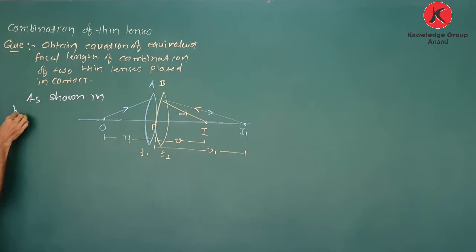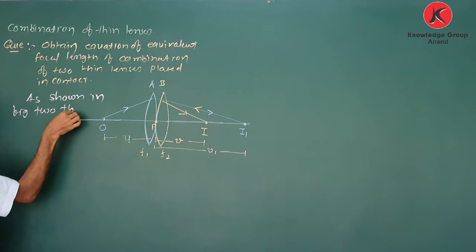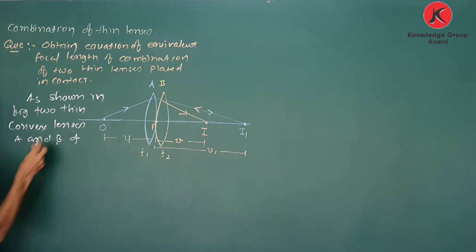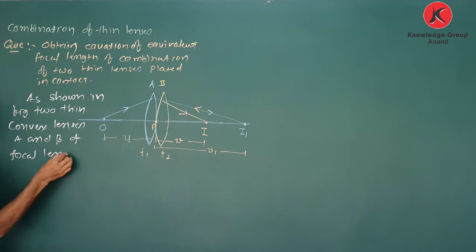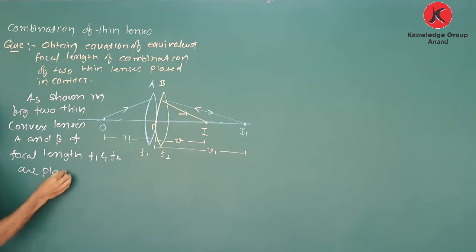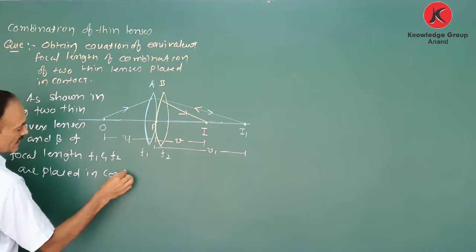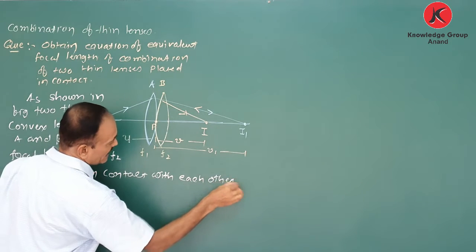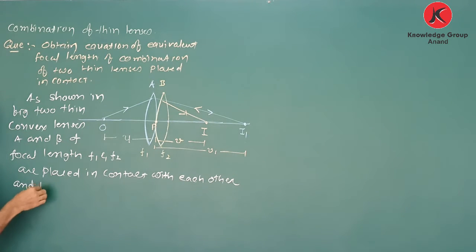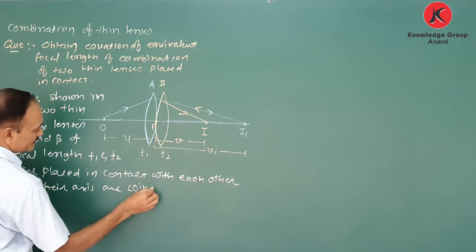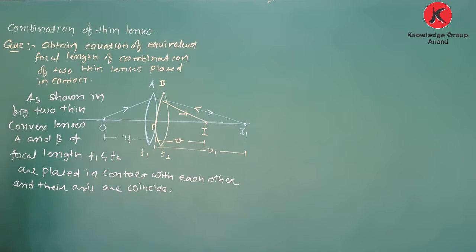As shown in the figure, two thin convex lenses A and B of focal lengths f1 and f2 are placed in contact with each other, and their axes coincide.